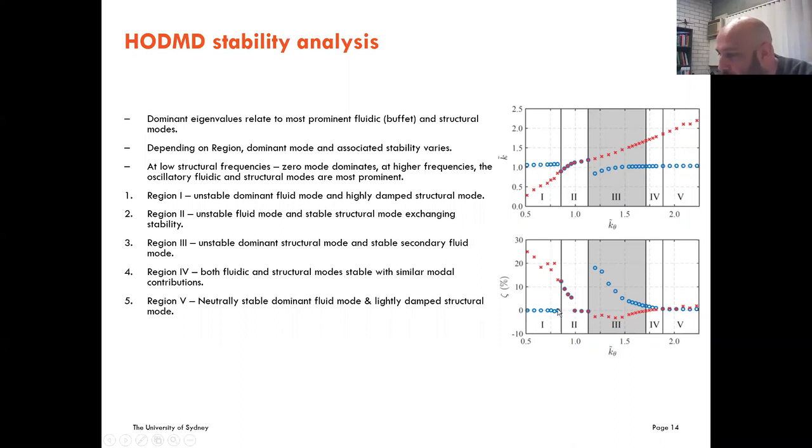Especially if you look at the damping of the system, we can see that the fluid modes are almost purely oscillatory sinusoids with the stable structural modes. But as we go into the locking region, the structural modes are actually unstable, with the fluid modes providing the actual stability to the system, so the two will be out of phase. And as we go away from the locking region, they die away and go back to a pure oscillatory driven signal.